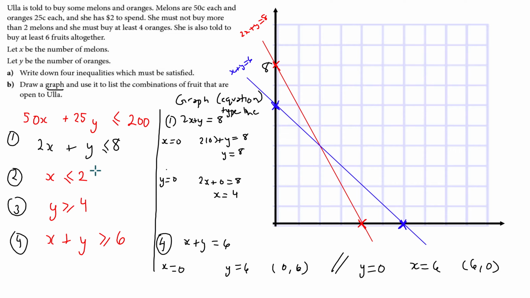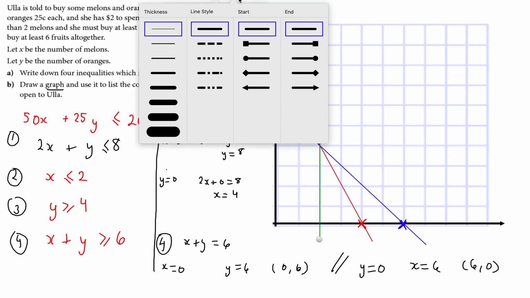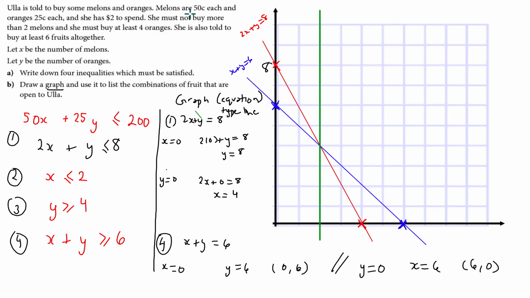So your x less than or equal to 2, just graph x equals to 2, which is a vertical line. And let's make it slightly thicker. And your horizontal line is y greater than or equal to 4, but remember, you're going to graph them as an equation, so you're going to graph y equals to 4.